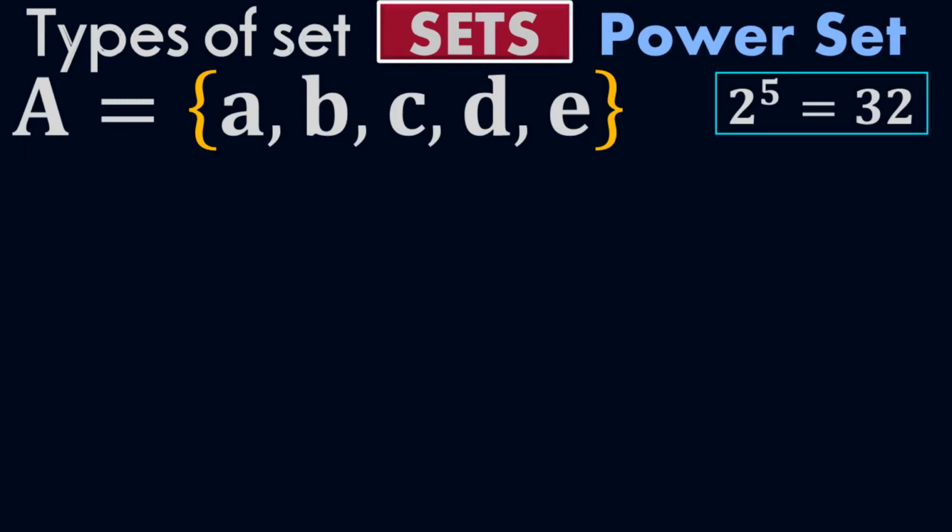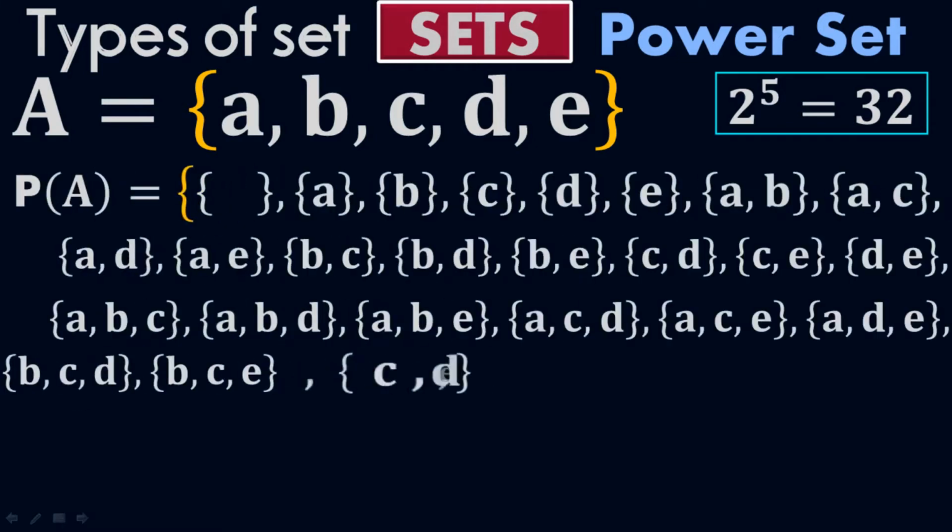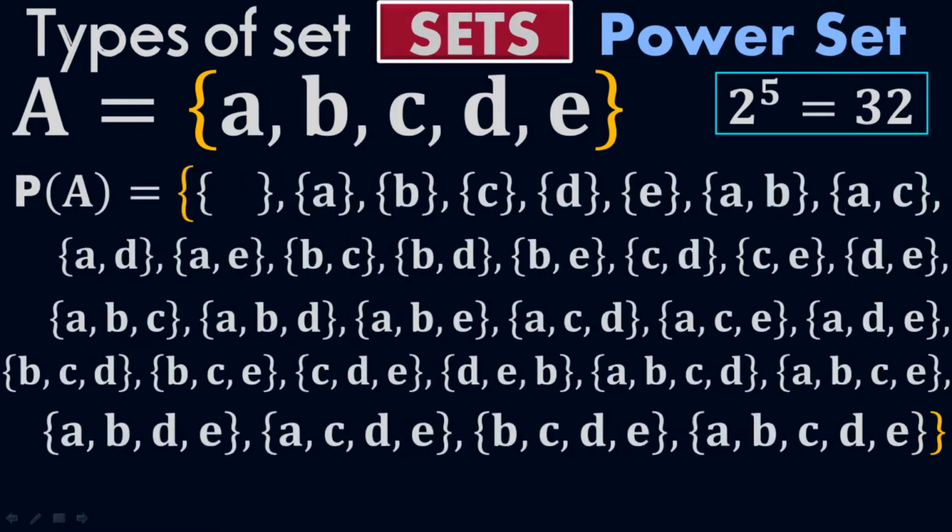How to write the subsets? Now let me write all the subsets for A, which are: empty set, A, B, C, D, E, AB, AC, AD, AE, BC, BD, BE, CD, CE, DE, ABC, ABD.